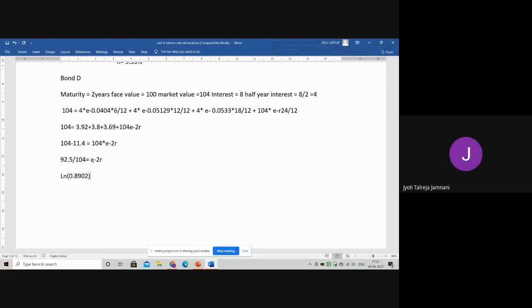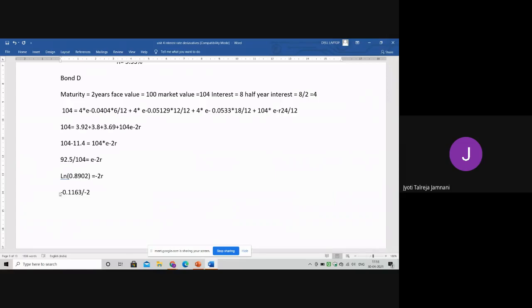Find the natural log of 0.8902, equal to minus 0.1163.